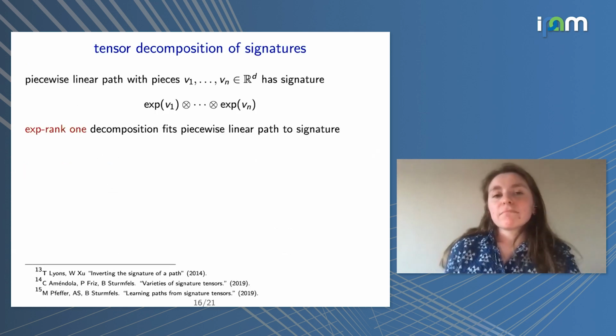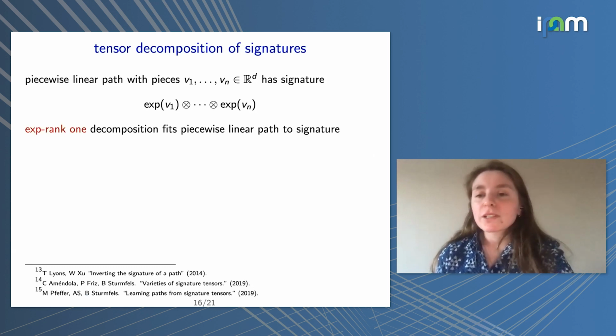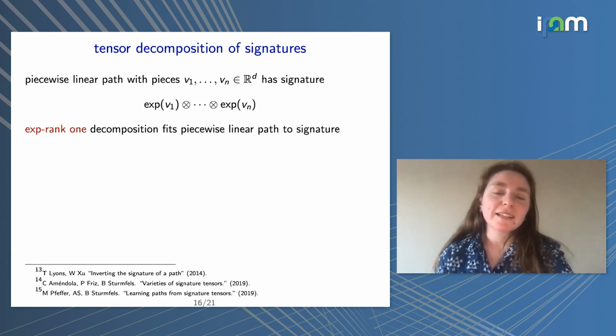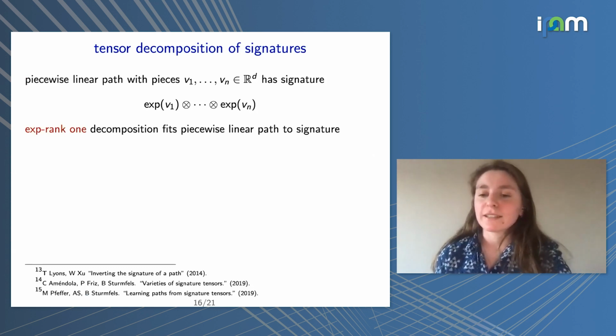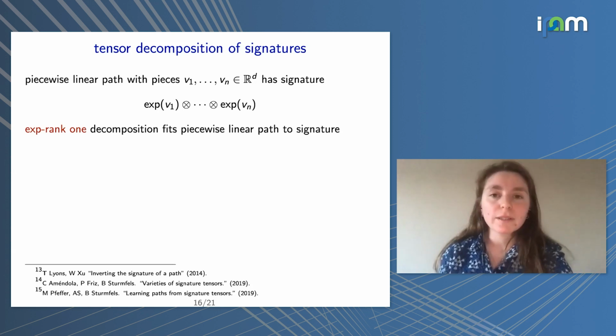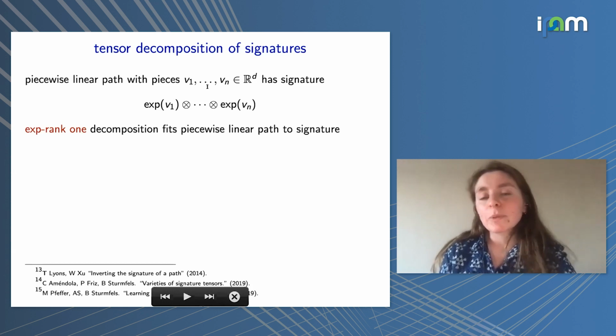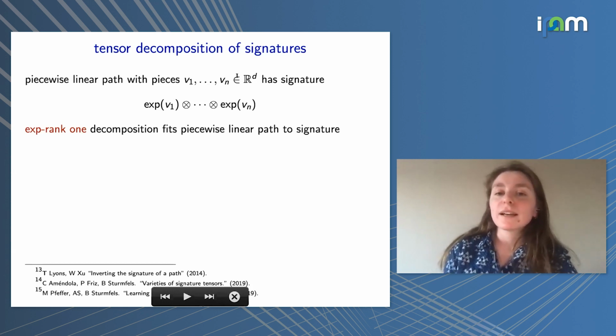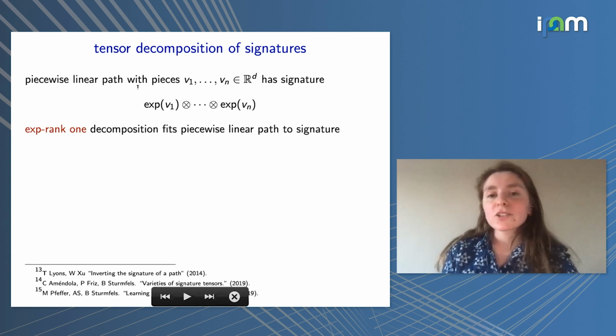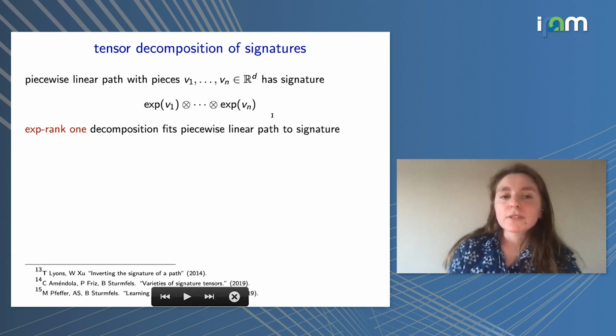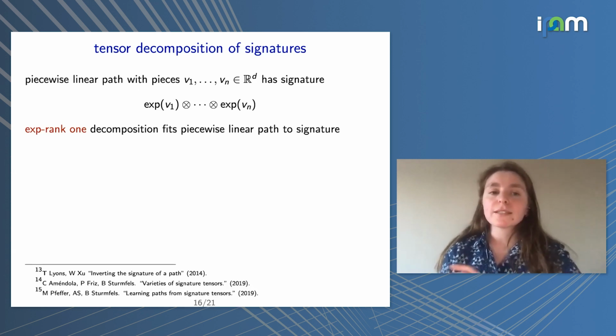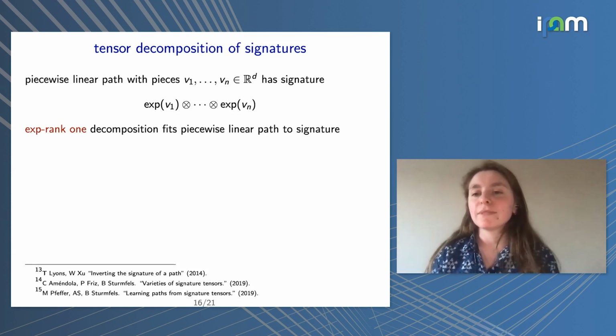Okay, so then we can consider tensor decomposition of signatures, or the type of tensor decomposition that these signature tensors really want us to work with. I said before, if we have a piecewise linear path with pieces V1 up to Vn, then its signature is given by this tensor product of exponentials. So this is a sort of exp rank 1 decomposition, which fits our piecewise linear path to signature.